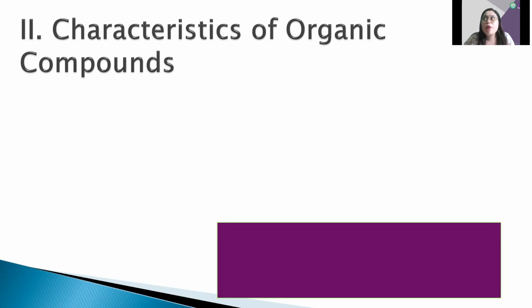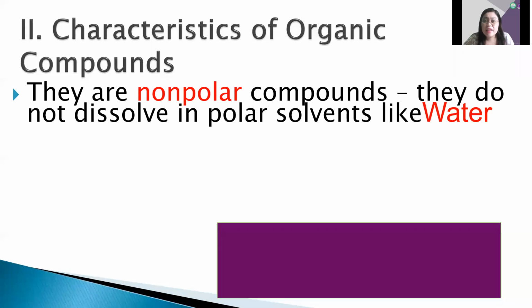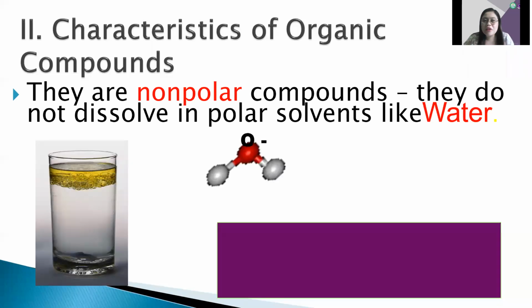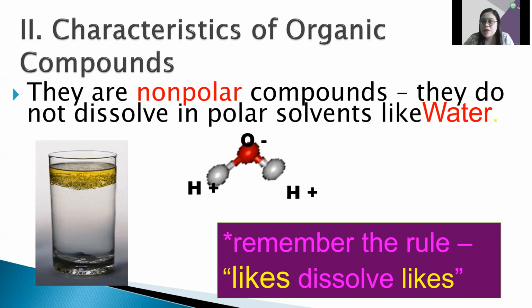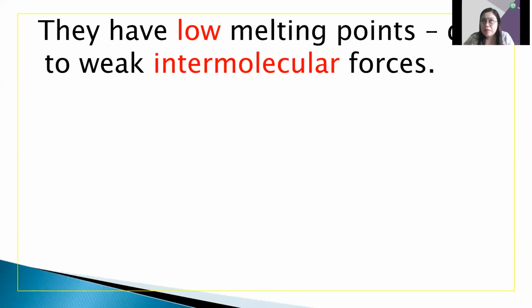If carbon bonds with a non-metal, since carbon is also a non-metal, the bond formed is called a covalent bond, and it is a strong bond. That is the reason why organic compound reactions are actually slow. Another thing to take note of, organic compounds are non-polar substances, therefore they don't really dissolve or mix with water and other polar solvents.